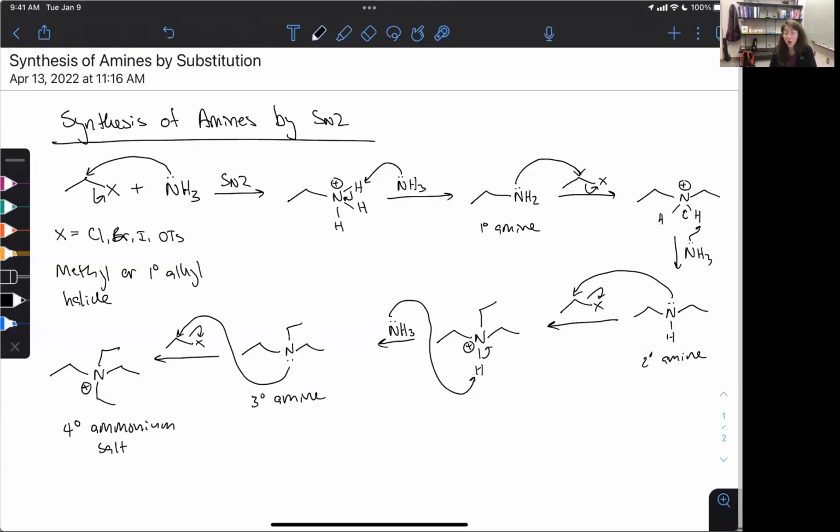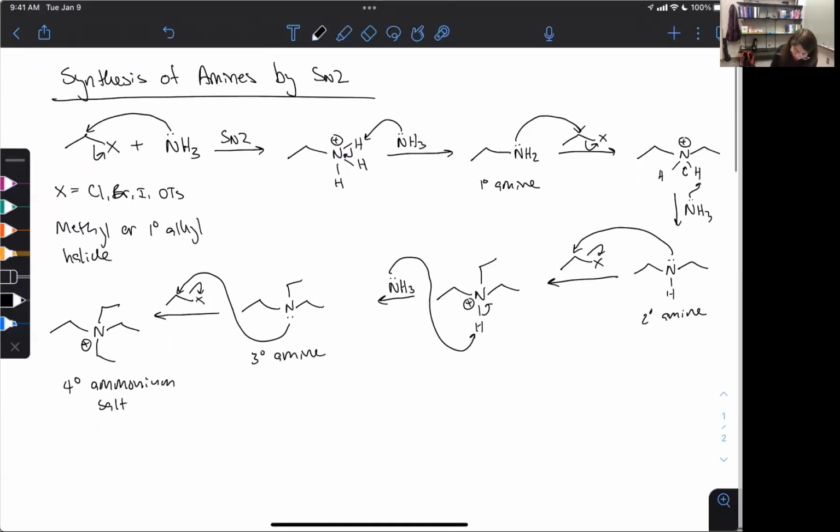And at this stage, I don't have any protons that I can deprotonate to get my lone pair back. So this is my final stopping point, and that's only because I can't get my lone pair back. It's just not possible. But it's not the most helpful thing if you don't want to have an ammonium salt. If you do want to have it, that's fine. So this whole process is very, very difficult to control.